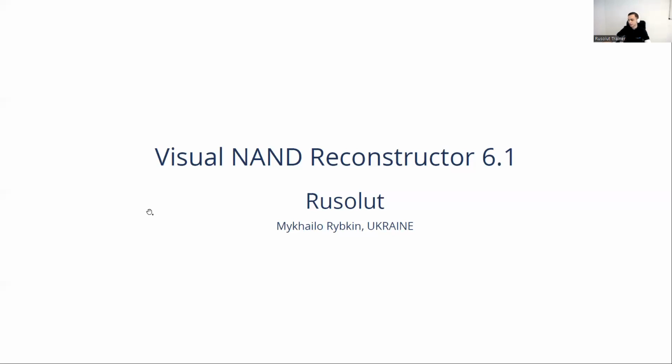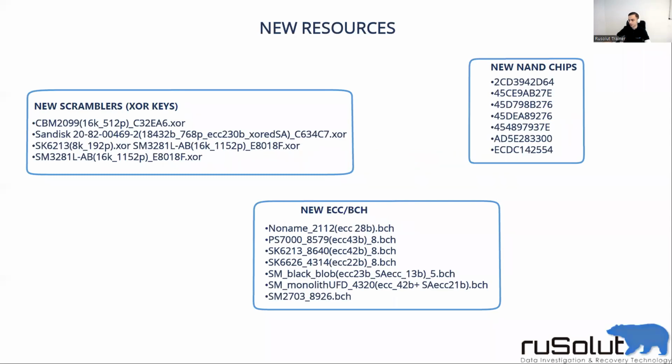So let's start. And of course, we will start from the presentation of our new resources. Here you can see the list of new ECC code words, which are now automatically detected, new scramblers, and new configurations for Nand chips. Of course, you can find all of these elements in our database now.